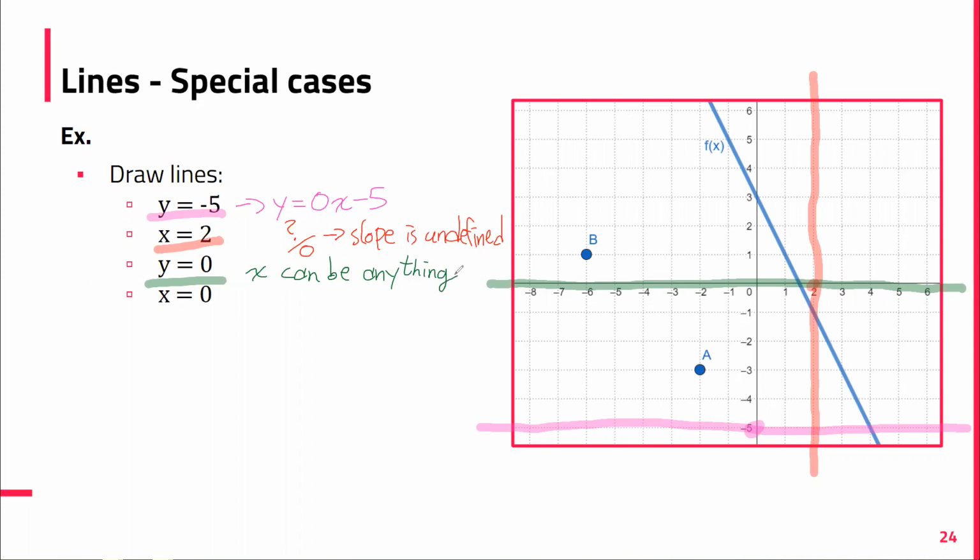The x-axis is the collection of points where y is 0, and then it's all the different possible values of x. And same idea here, x equals 0 is actually the y-axis, like this. Y can be anything.